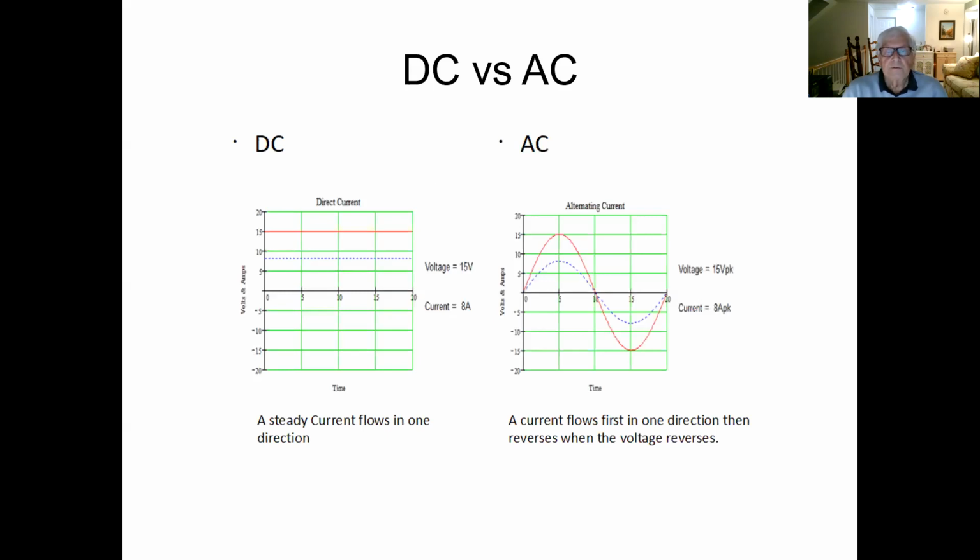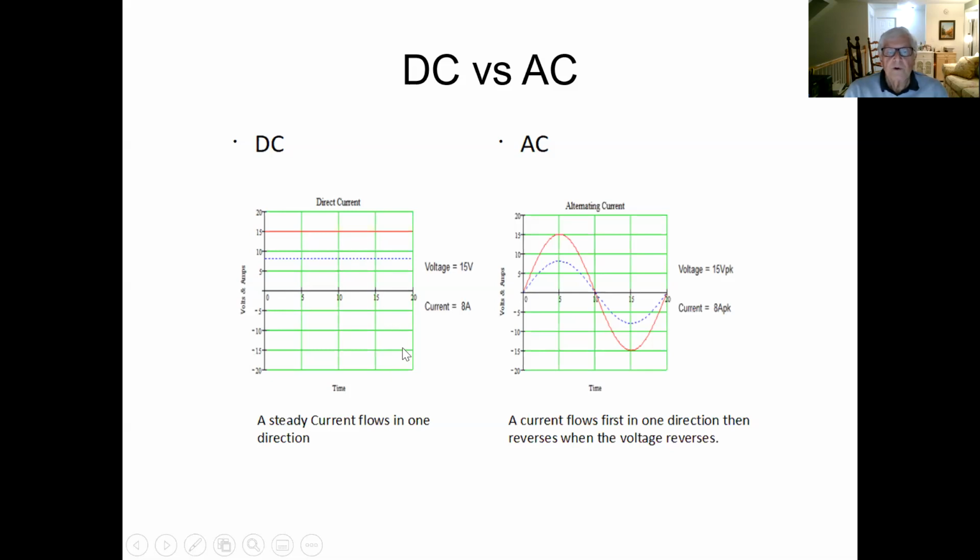Picture here our graphic. The DC voltage is in red. The current is reduced by the resistance value, okay? So the current is 8 amps, for example, here, where the voltage is 15 volts.